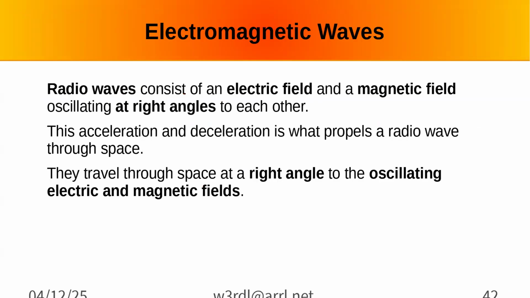Electromagnetic waves are composed of an electric field, the E field, and a magnetic field we call the H field, and they're orthogonal, or at right angles, to one another. We normally only care about the E field.